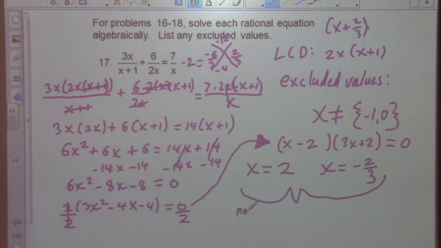So not excluded values. Real solutions, right? Okay? Next.